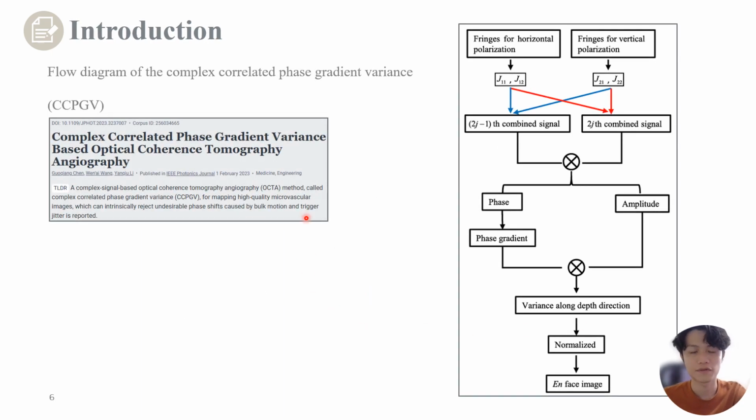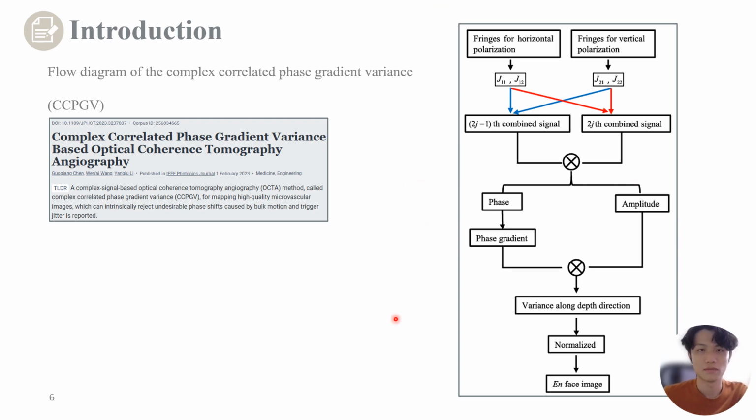Okay, here we reference two papers on phase correction. The first one is CCPGV. And here's the flow diagram of the complex correlation phase gradient variance. Compared to the phase-resolved Doppler variance, CCPGV can essentially eliminate the undesirable phase shift caused by bulk motion and trigger jitter, and it can be used to map microvessels.